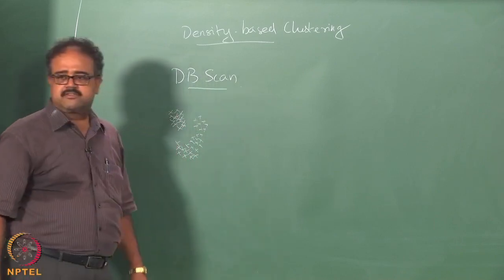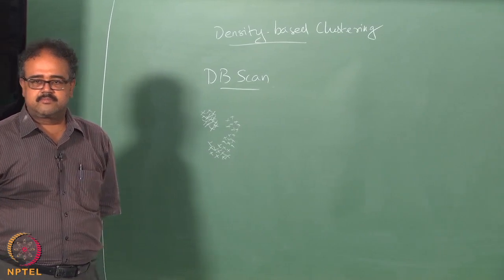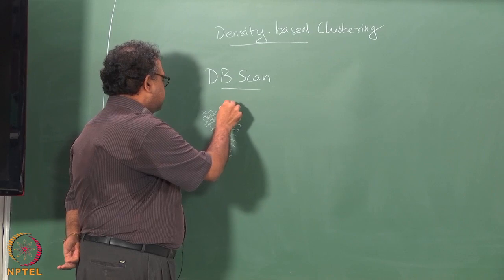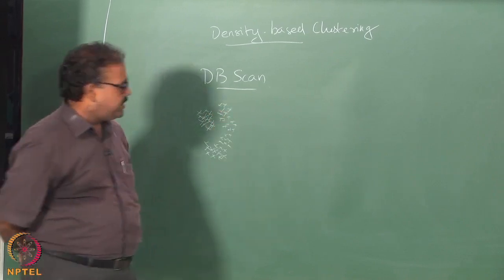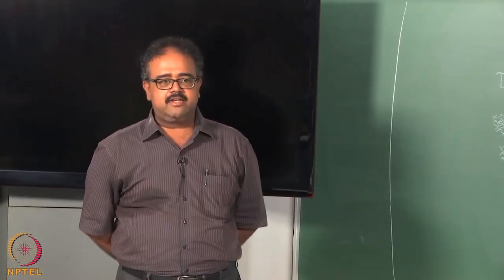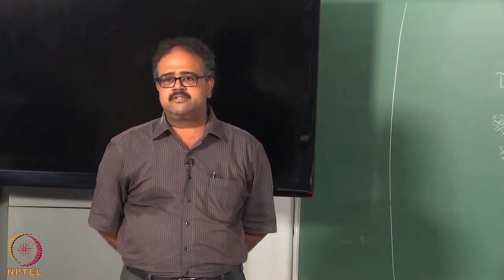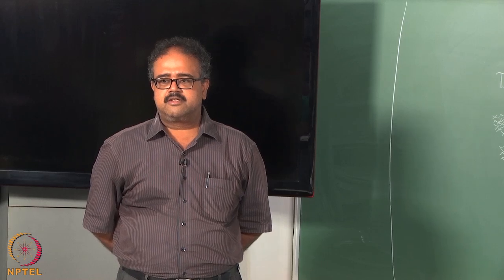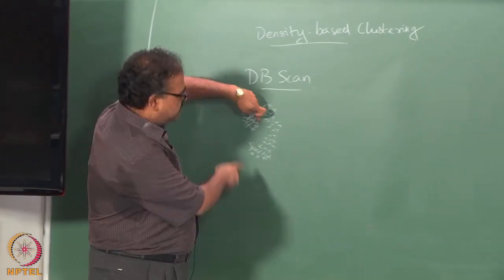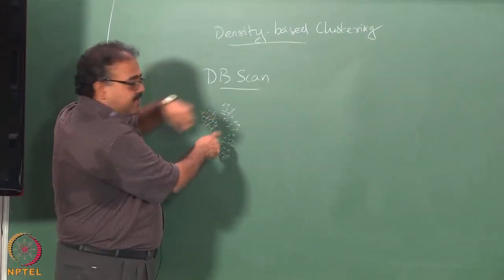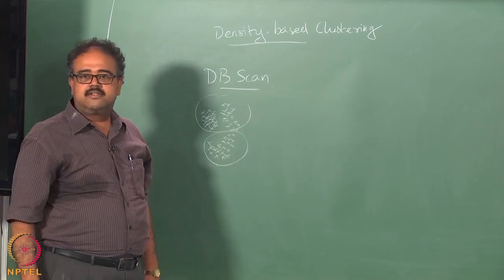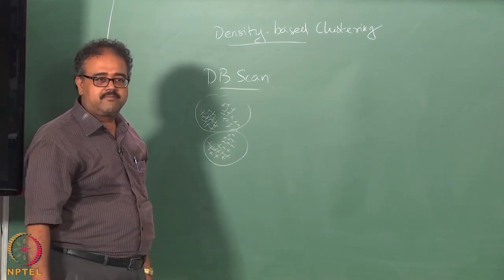Suppose I have data points like this. Do you see two clusters here? Clearly two clusters, right. It is incredibly hard to get k-means to return these two clusters to you. If you run k-means, you will end up with a centroid somewhere here, another centroid somewhere here, and it will say these data points are one cluster and these data points are another cluster. This is the biggest drawback with k-means.